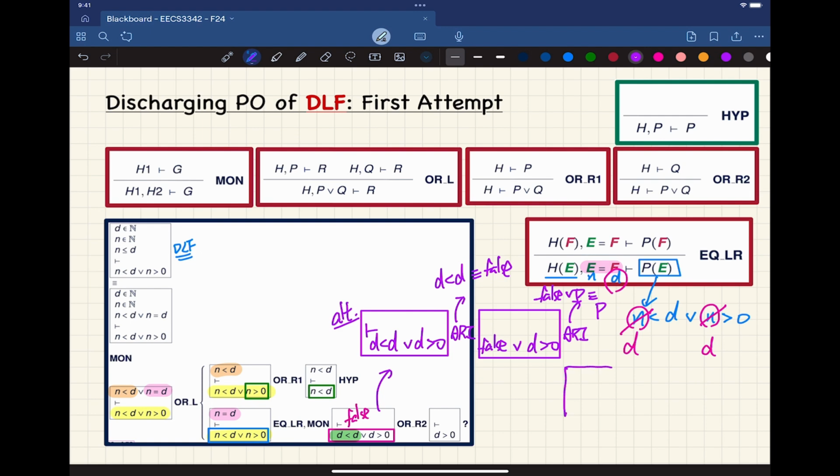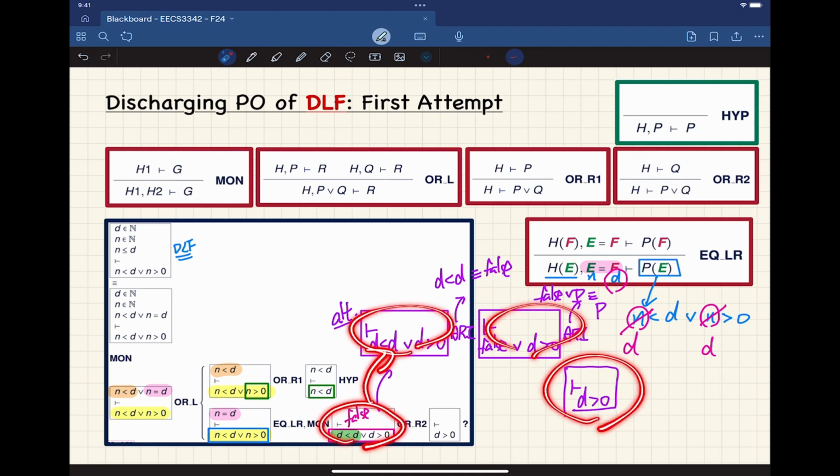After this, it's going to be just D larger than 0. So from here, you can either go for this route over here, and it can end up being here. Or you can simply go for ORR2, which will end up being here. Either way, both work. But now we have some problem.